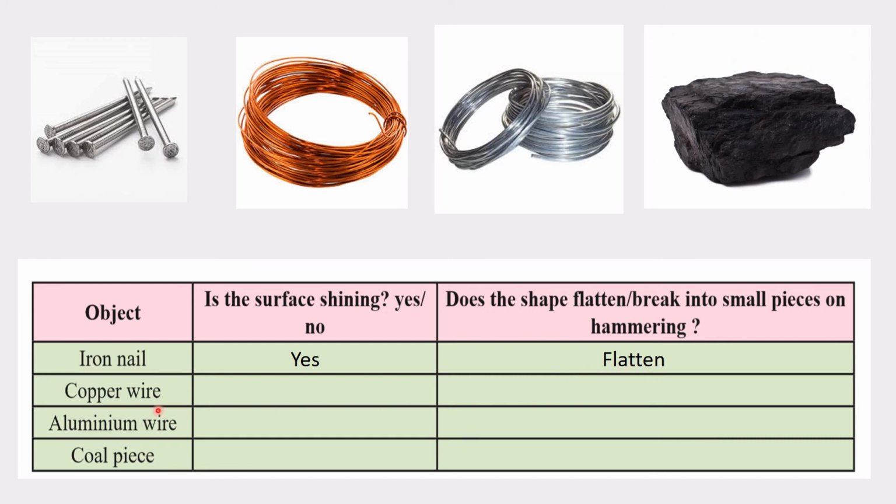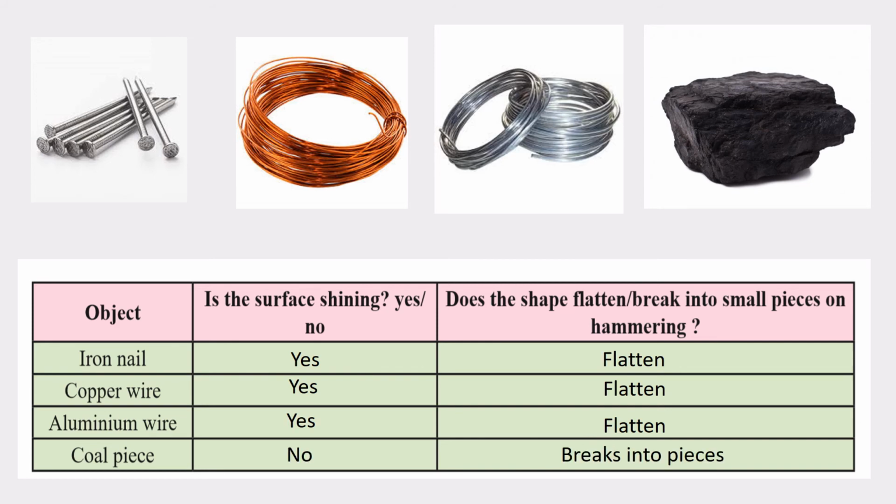Next, copper wire. Is the surface shining? Yes. Next, when we hammer it, it becomes flattened. In the same manner, aluminium wire has a shiny surface as well as it becomes flattened on hammering. Next, the coal piece.